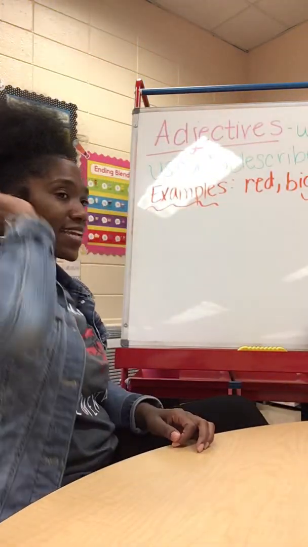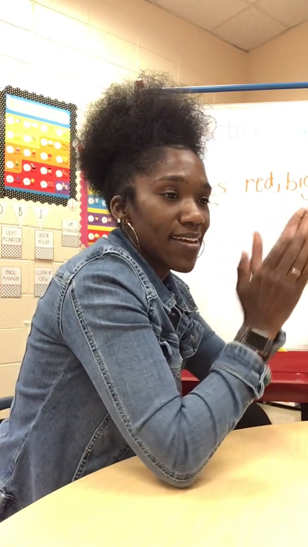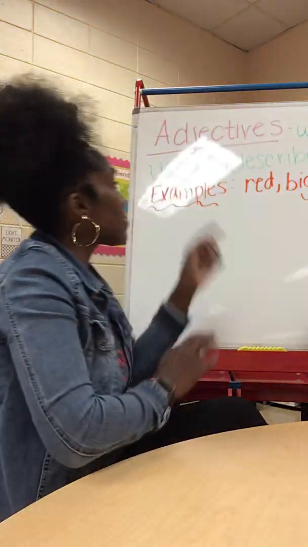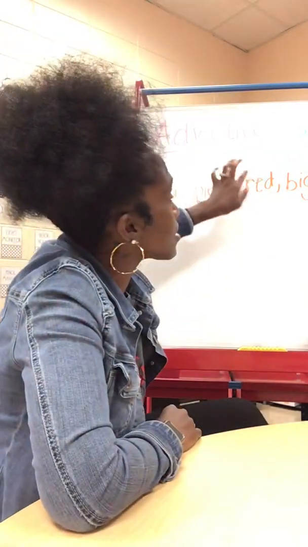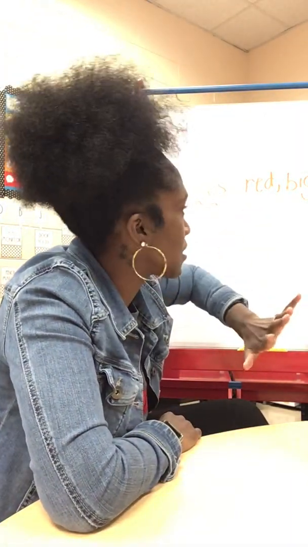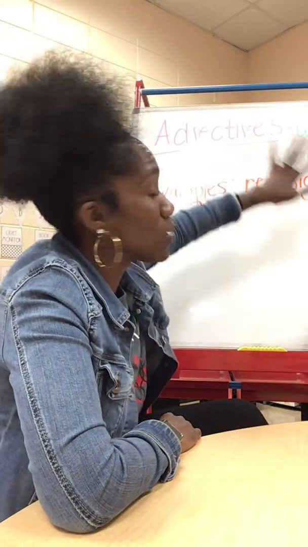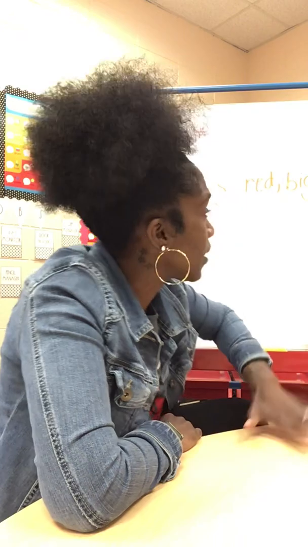Very good, Destiny. Everybody clap for Destiny. Give her a round of applause. Destiny remembered that adjectives are used to describe. They give descriptions. So when we see an adjective, that means that word is used to describe something else.